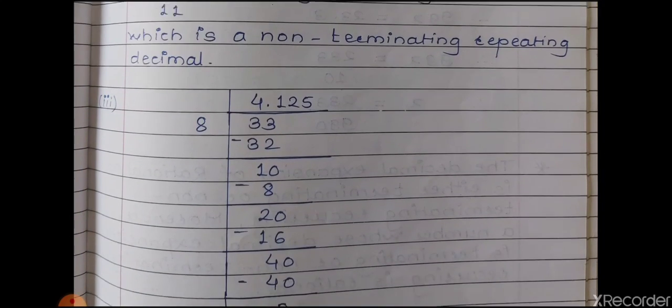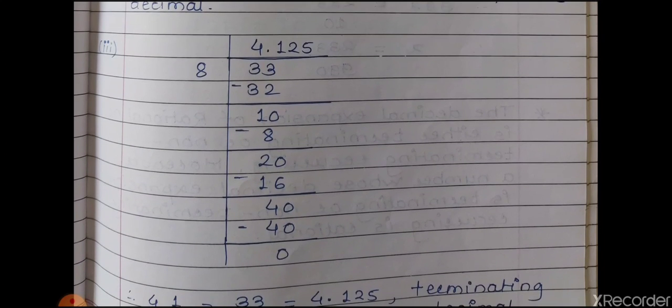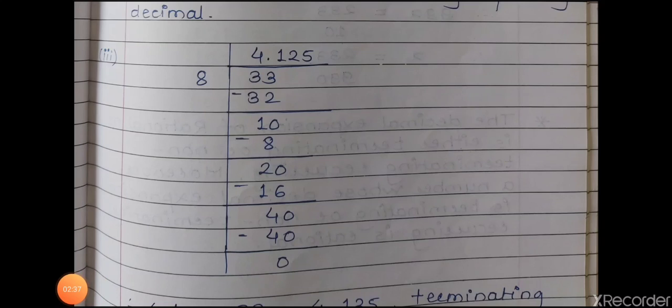Next, the third question is 4 and 1 upon 8. This is an improper form, so first we write it in proper form. 4 and 1 upon 8 is equal to 33 divided by 8.